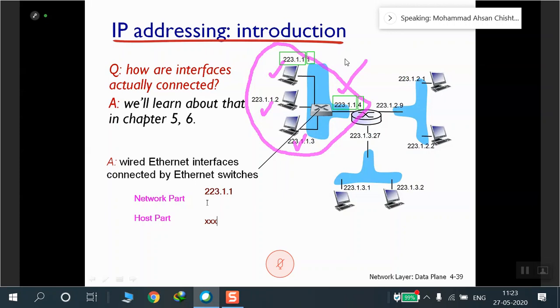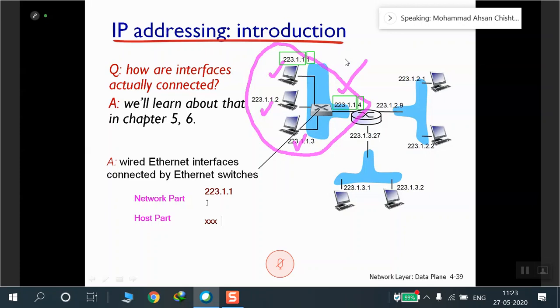All the nodes within this network share the common leftmost, how many? 24 bits. So 24 bits are shared by the nodes within the same LAN. This forms an IP network, or simply a network. The 24 bits they share are the network part.